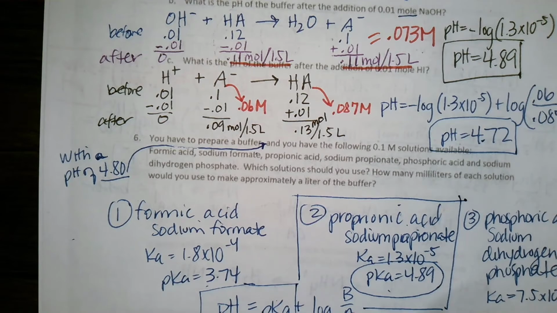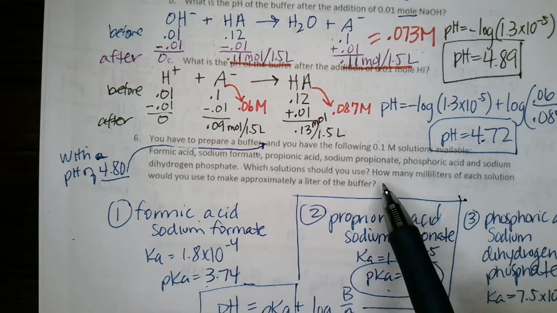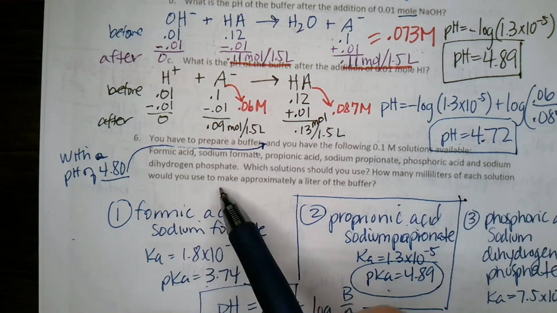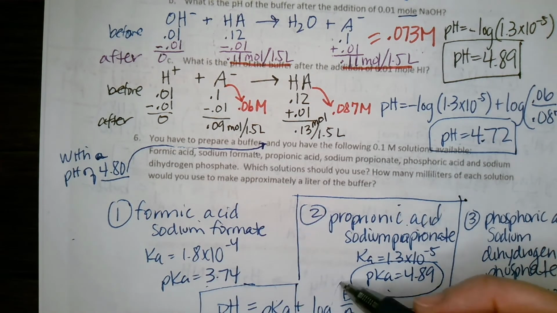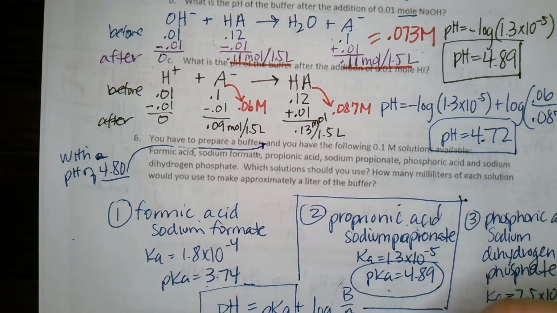is equal to pKa. And last, how many milliliters of each solution would you use to make a liter of this buffer? Well, remember, we want equal concentration of our base and our acid. Remember, concentration is moles per liter.